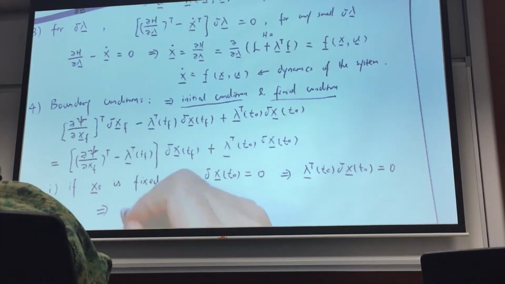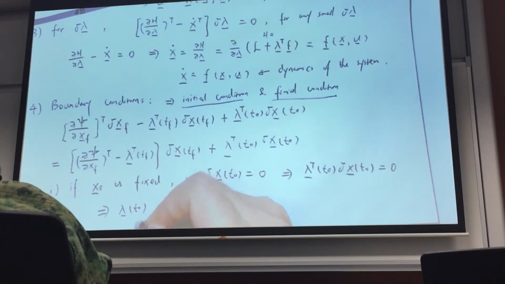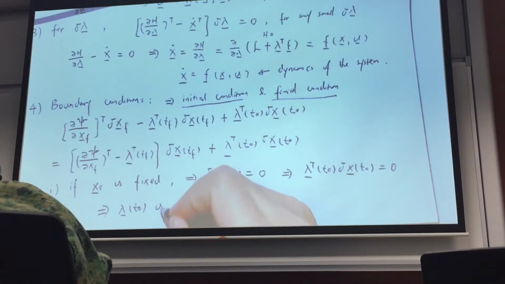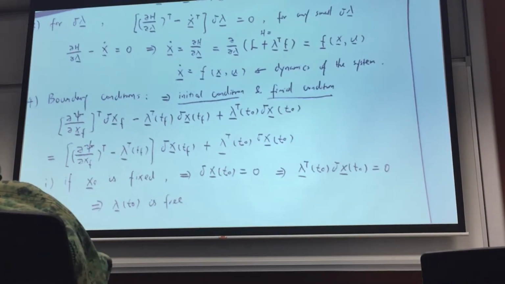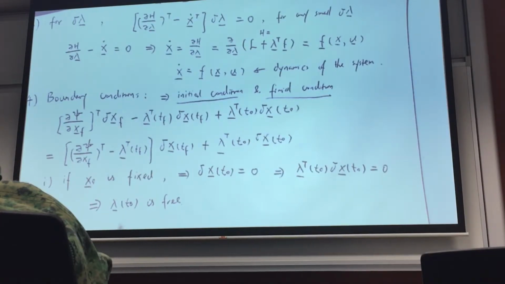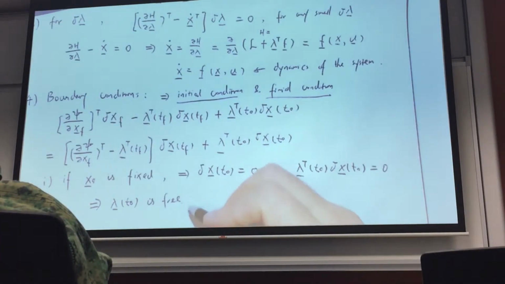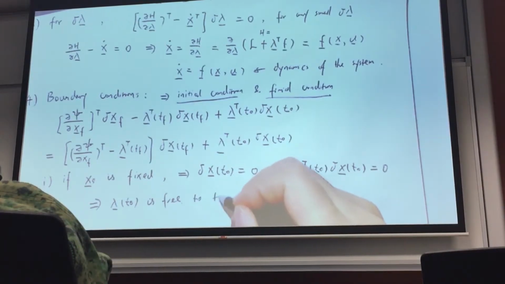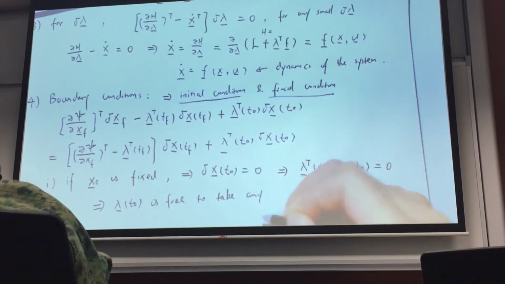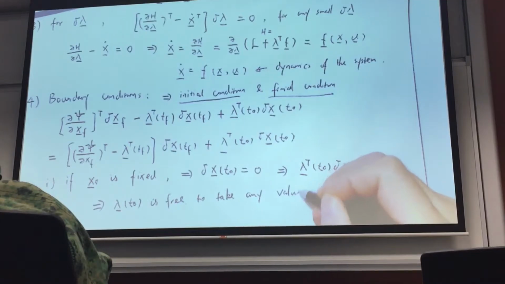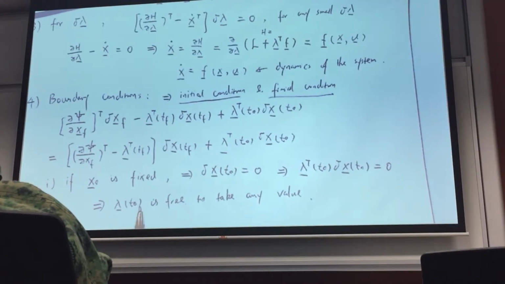So lambda t0 is free. Free means it's free to take any value. So the initial value for your Lagrange multiplier can take any value if your initial state is given.